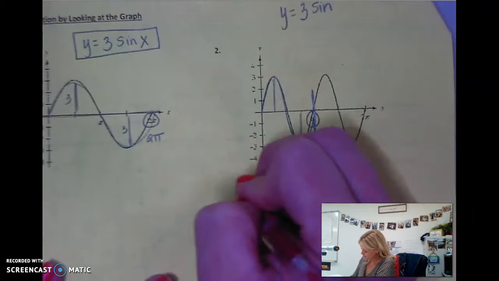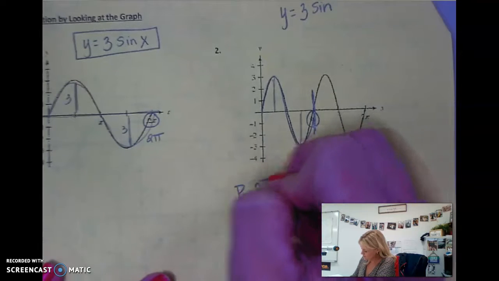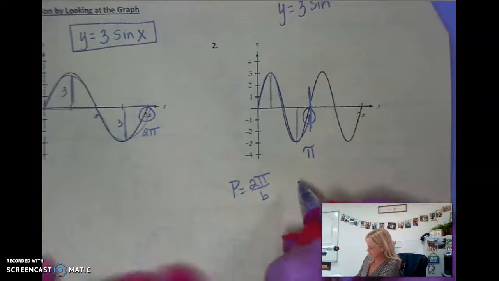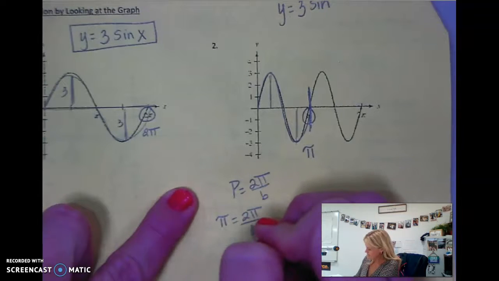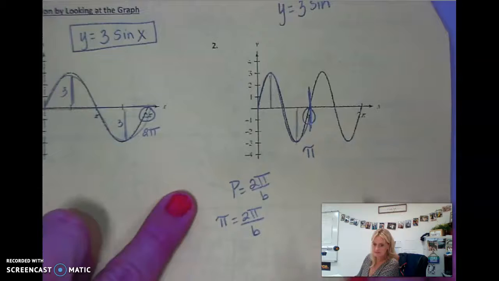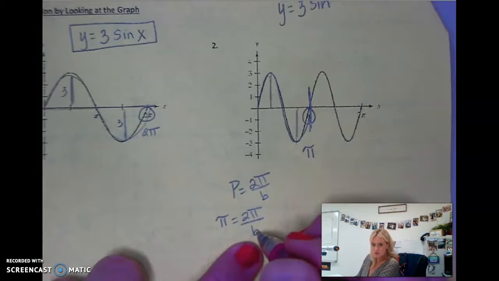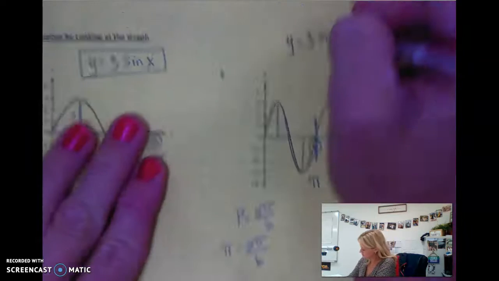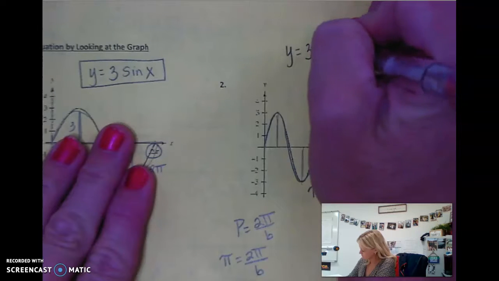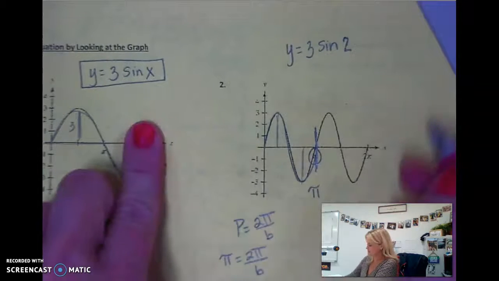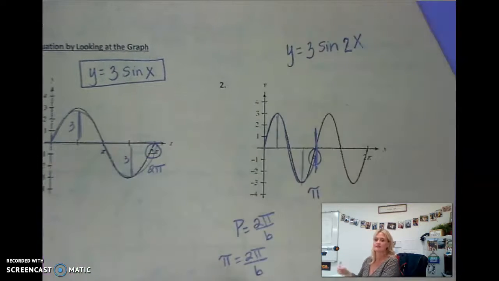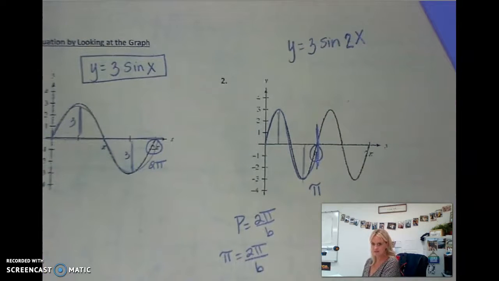So if period equals 2 pi over b, and the period is 1 pi, what is b? Well, b would have to be 2 to get me a pi. Did anything shift up or down, or left or right? No, it did not. So that would be it.